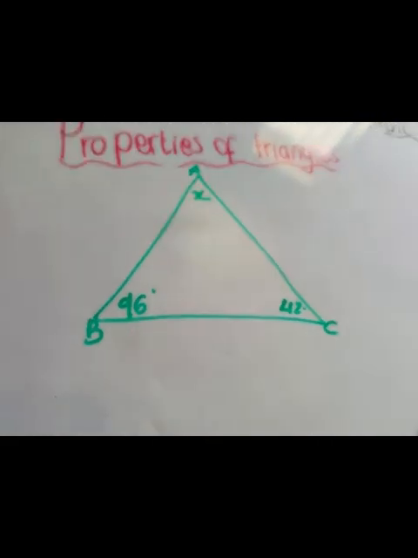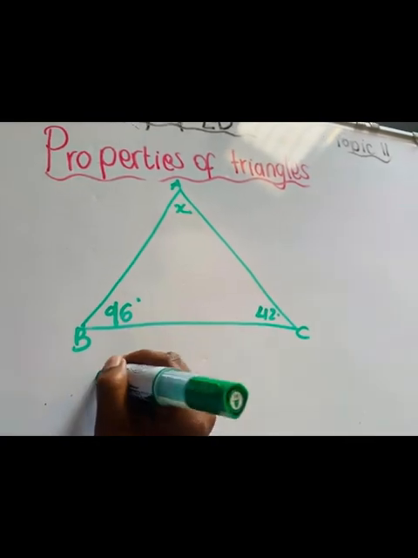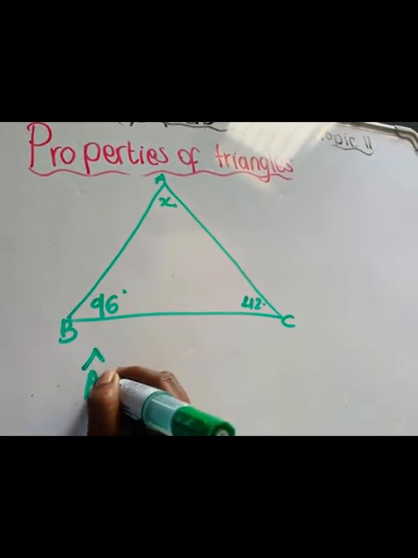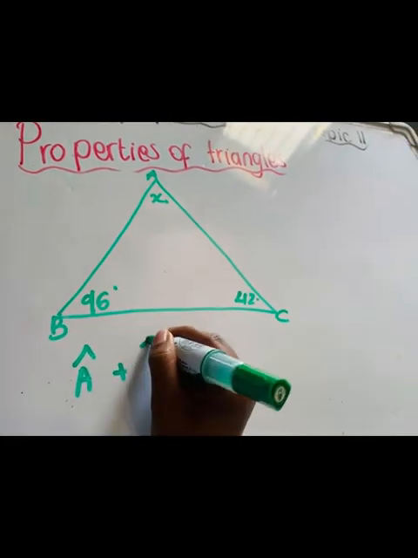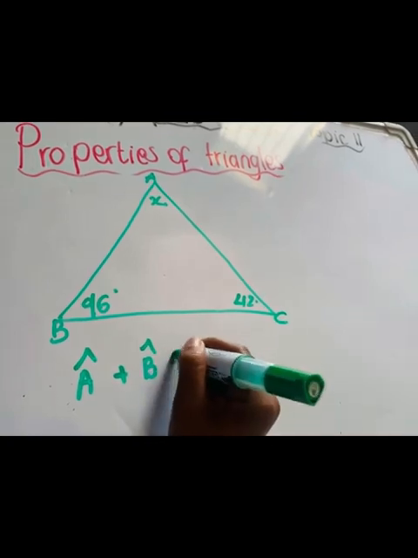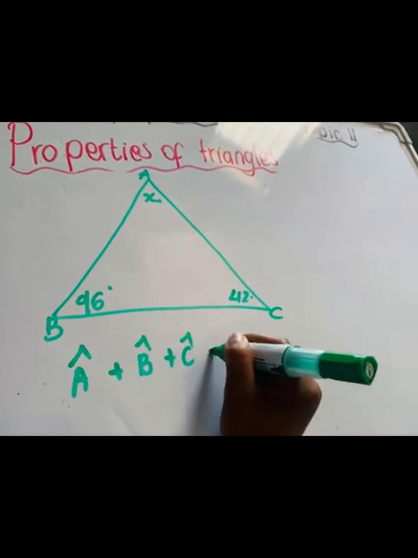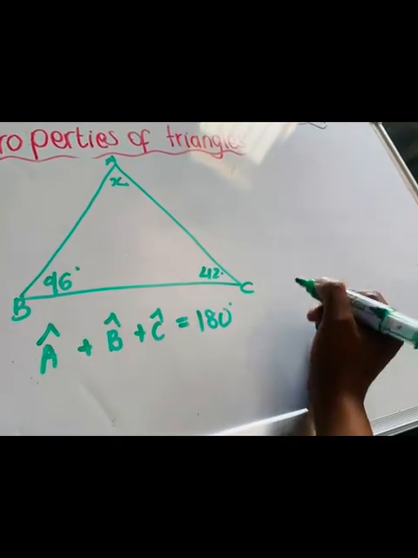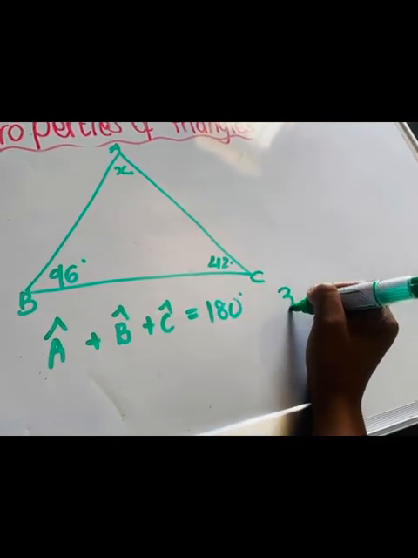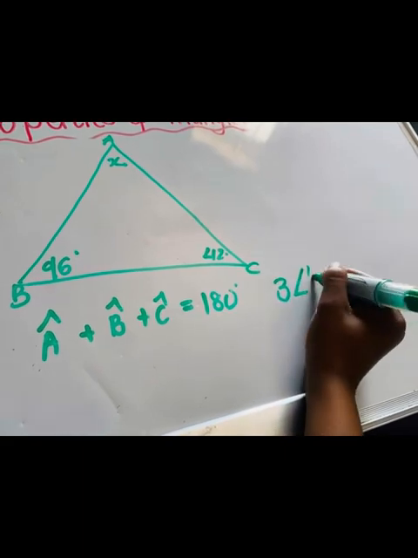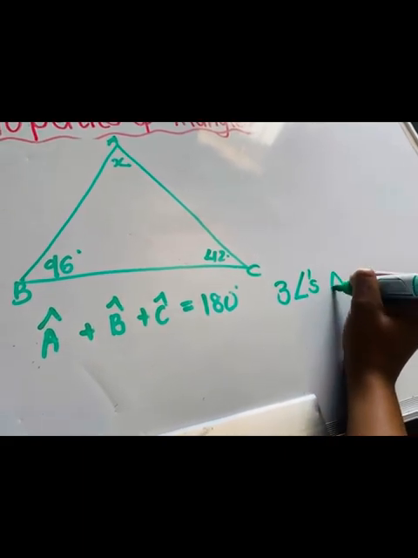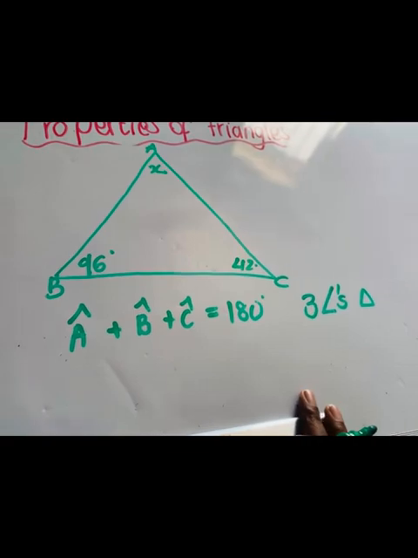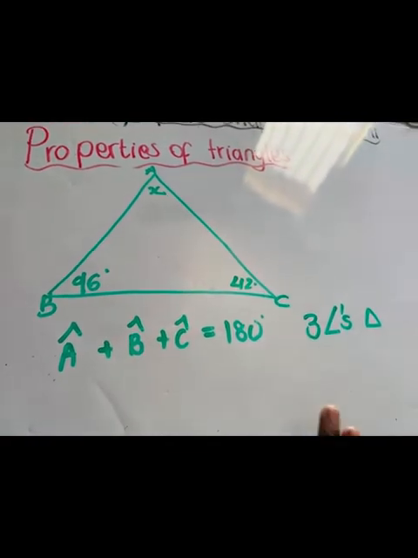So what does the theorem state? It states that when you have interior angles of a triangle, we add them up and they must give us 180 degrees. And our reason is 3 angles of a triangle, or you can say interior angles of a triangle.